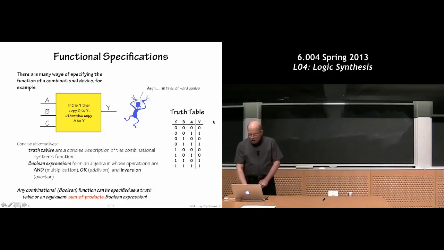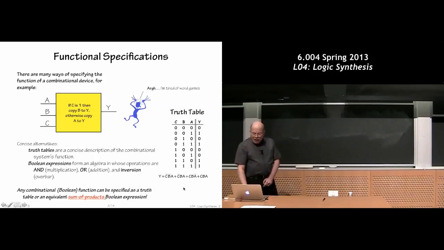And so I've written a particular truth table here, which is in fact a translation of the English words. When C is 1, you can see the output follows the B input. And when C is 0, you can see the output follows the A input. And so this is a different, more straightforward, systematic way of describing the operation of a function.